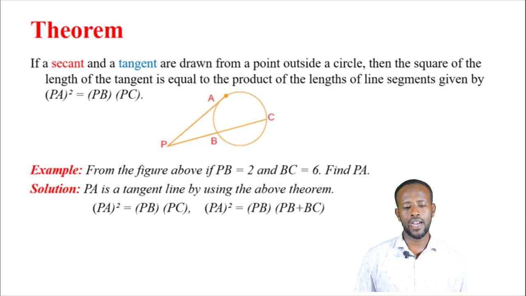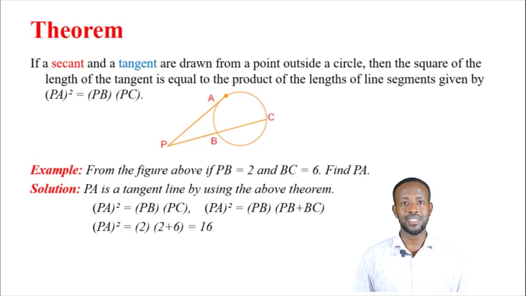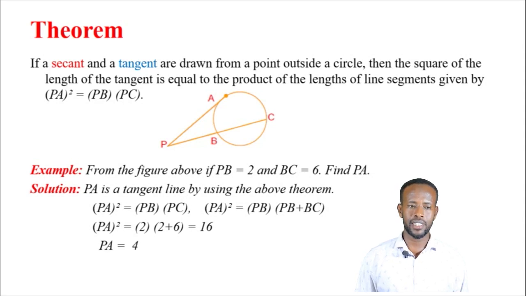When we add in that form, we get 2 times 2 plus 6, which is equal to 16. So PA will become what? Easily 4, the square root of 16. This is one example that simplifies the theorem given above.